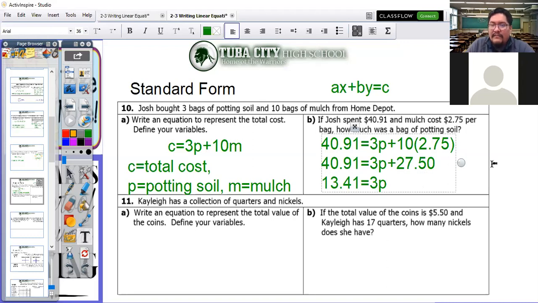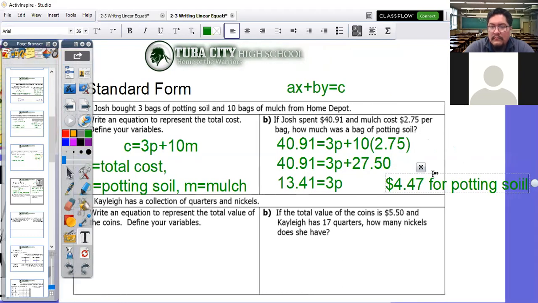Now I'm going to have to divide this by 3. And now we know how much it is. It's $4.47. Which, again, makes sense. Actually, I don't know. Well, potting soil is pretty expensive. I should really write that whole thing down.